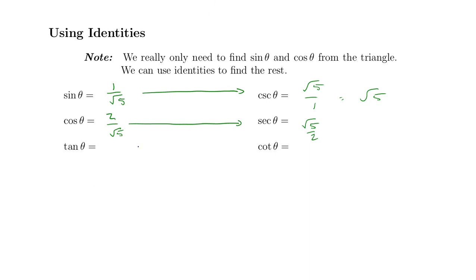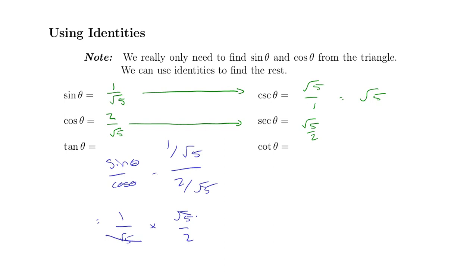Tangent theta is going to be sine theta over cosine theta, which is 1 over root 5 over 2 over root 5. That's 1 over root 5 times root 5 over 2 if we flip and multiply. And that's really just a half. So tangent theta is half.